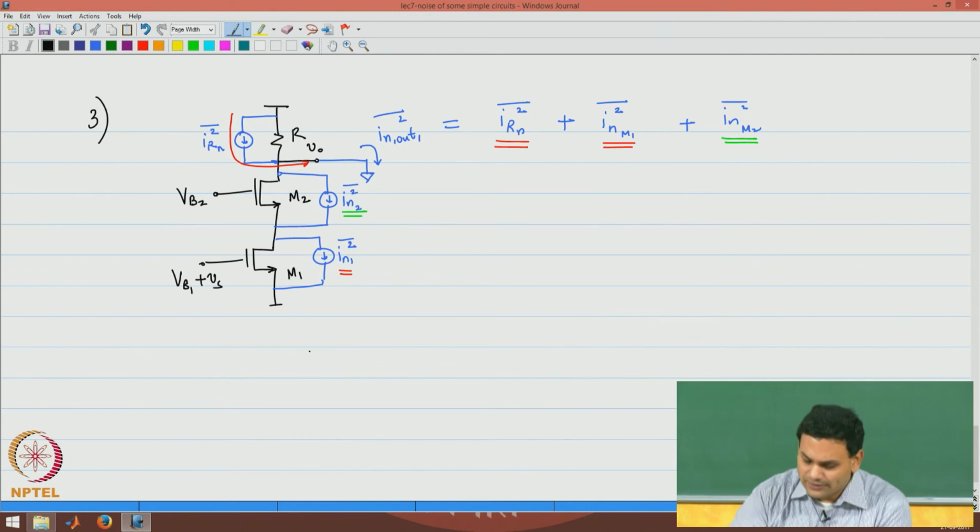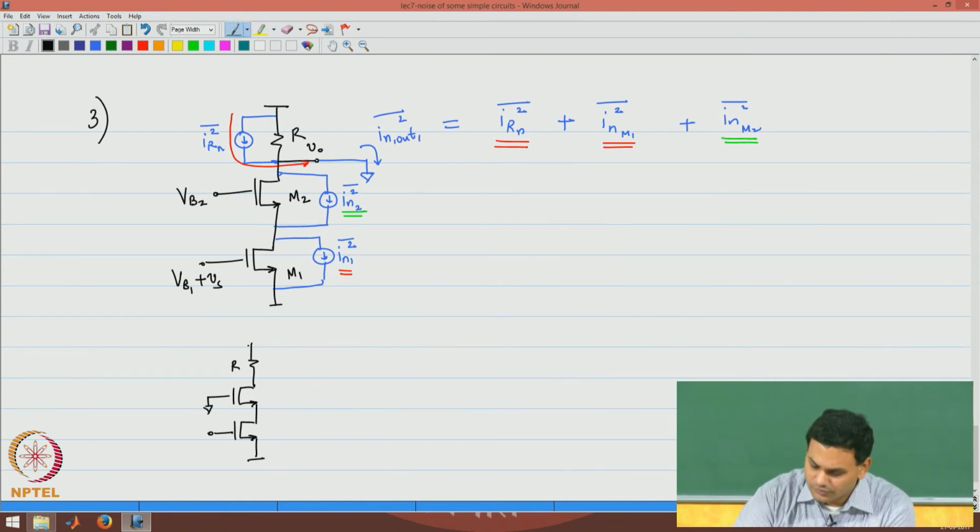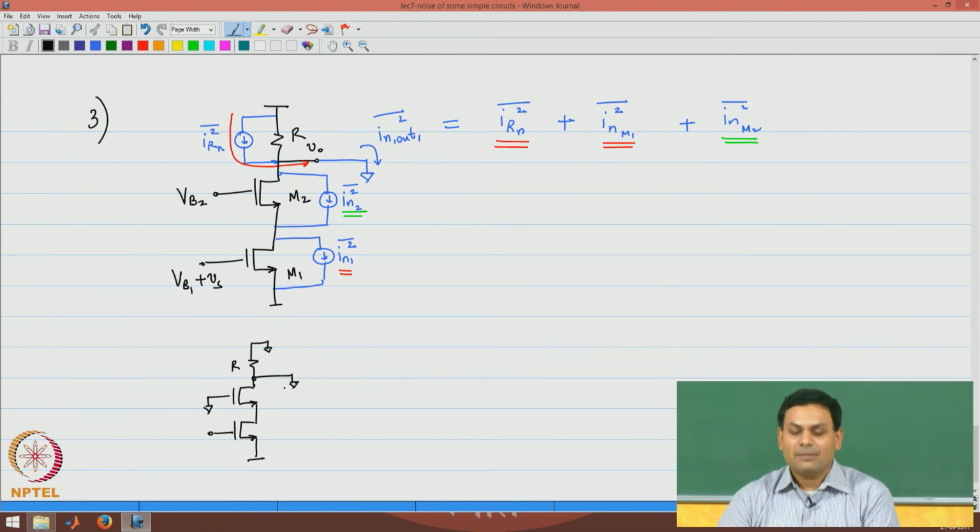To do that, I will consider each one in turn. I am interested in the noise current flowing through the output short circuit due to IN1 squared.